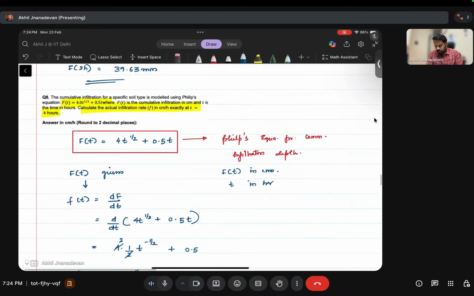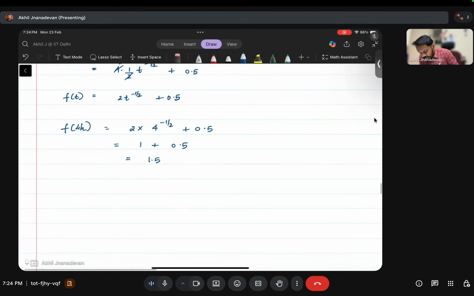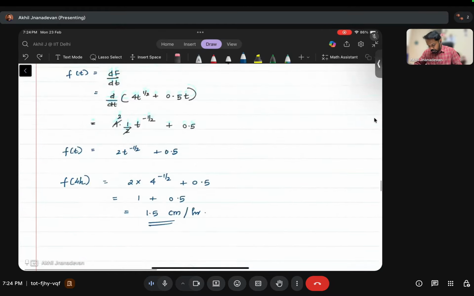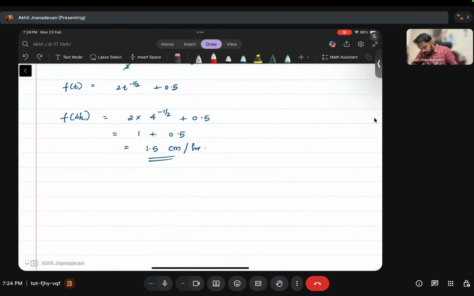Capital F was in centimeter, so small f will be in centimeter per hour because time was in hour. The final answer they have asked to report in two decimal places. Final answer: f at 4 hours is equal to 1.50 centimeter per hour.